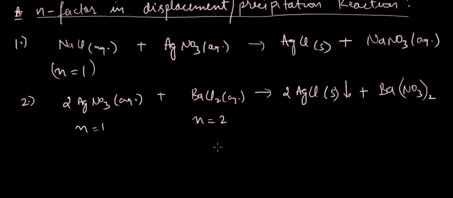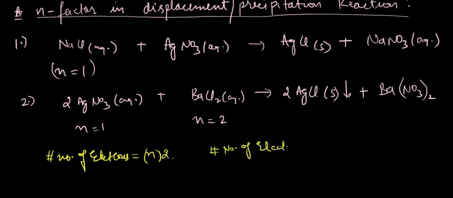Okay, and number of electrons consumed in the reaction would be, if we talk about this, number of electrons would be same in both the cases, and number of electrons is the n factor multiplied with number of moles, which is 2, and here number of electrons that should be used should be number of moles of, let's say, this compound, the n factor of this compound.